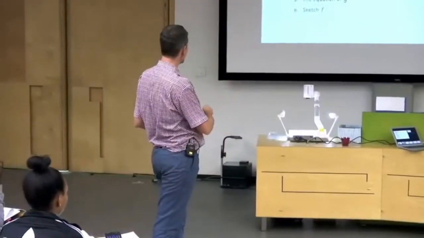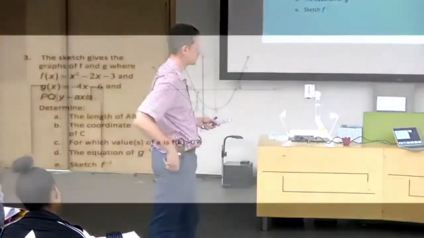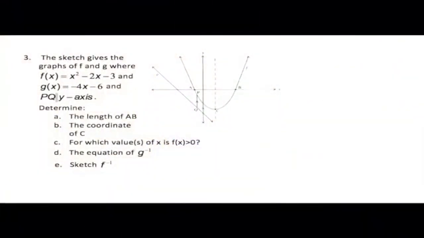Now let's quickly have a look at D. I'm going to laugh because I caught all of you out a little bit. Now you guys are going, no sir, not me, I knew exactly what I was doing.